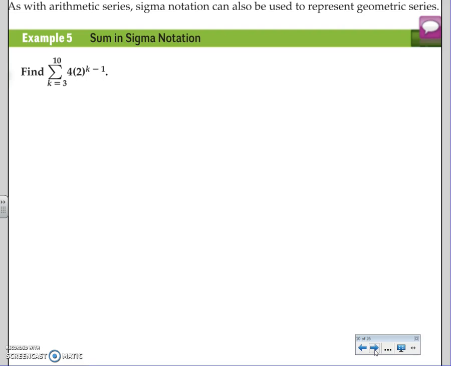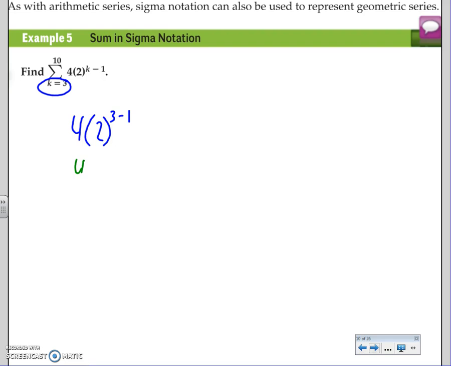Alright, and with geometric series we have the same sigma notation to make it easier to write, shorthand. We do the same thing for geometric series. So here, let's figure this out. Let's find the first term. I plug in 3. So we get 4 times 2 to the 3 minus 1.